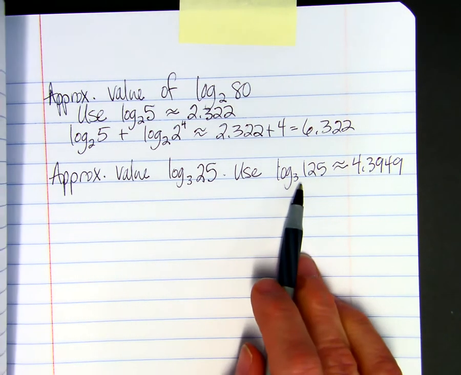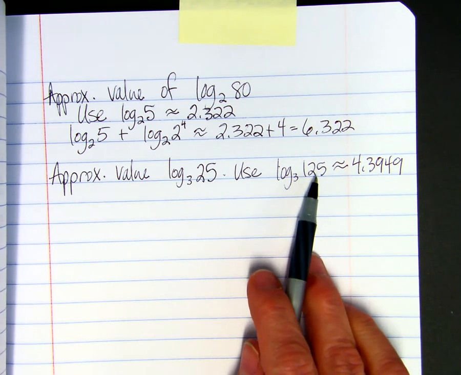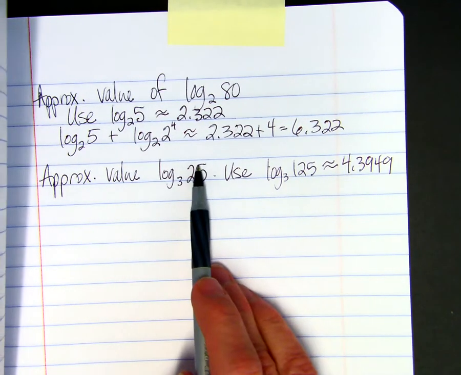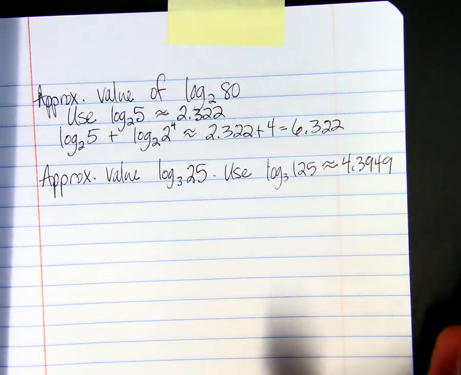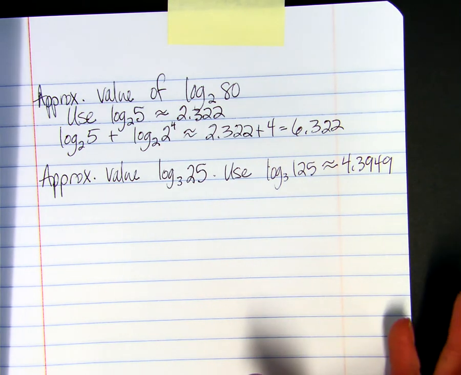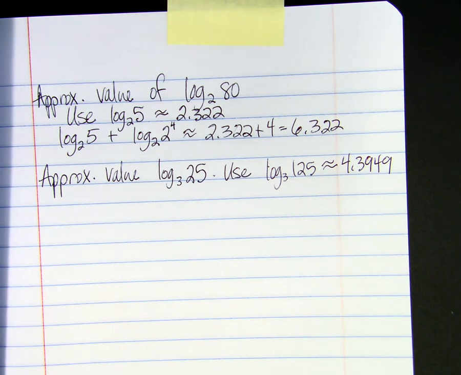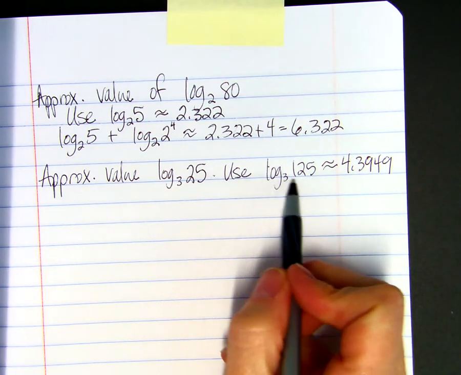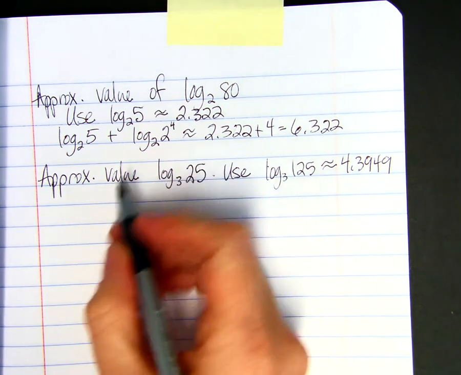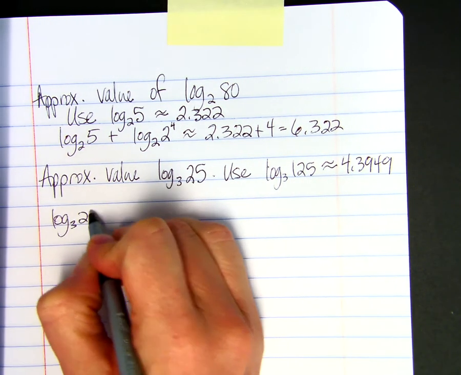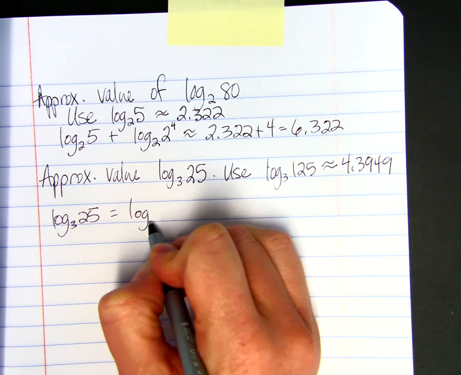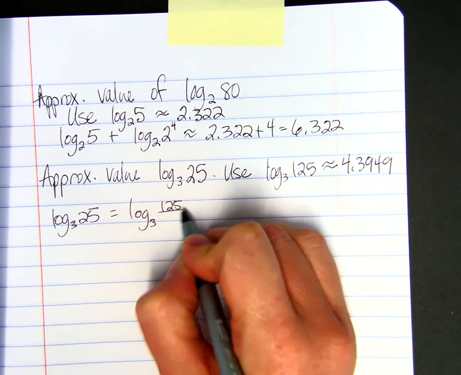So if we're supposed to use the log base 3 of 125, I want to think in my head, how are 25 and 125 related? Spencer? Can you divide both of them by 25? Yeah, 25 goes into 125 5 times. So log base 3 of 25 is the same thing as log base 3 of 125 divided by 5.